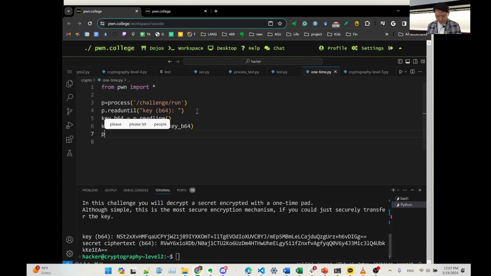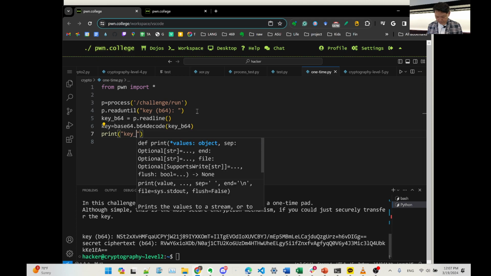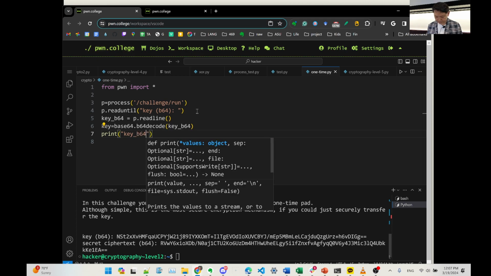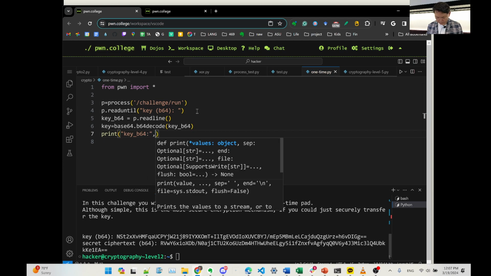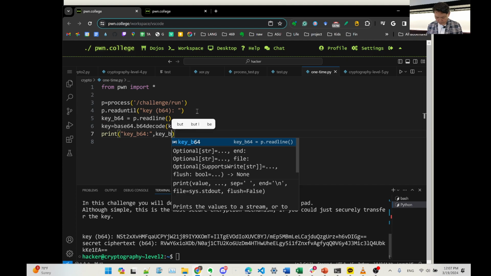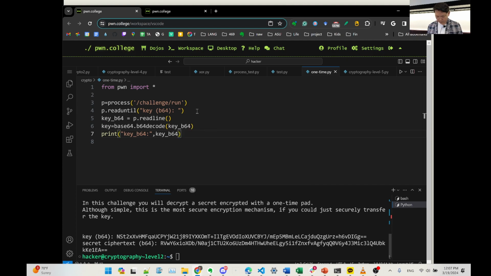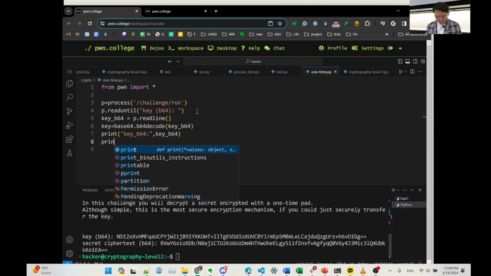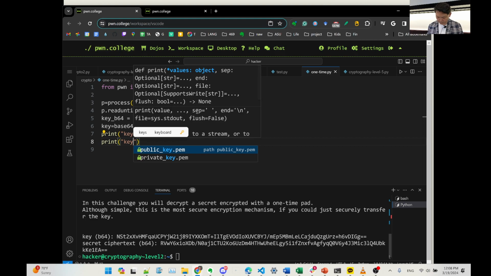Okay, let's print. The first is the key, the b64 key, and another one prints the decoded key.